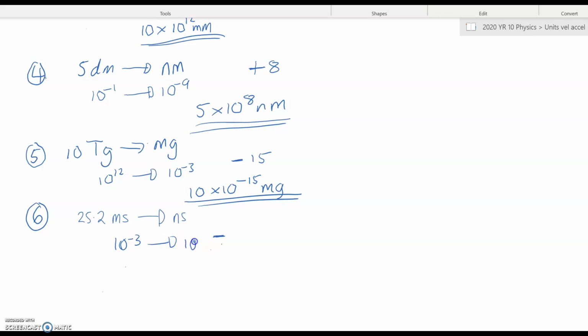Nano, 10 to the minus 9. So we're going to get an exponential difference there of 6. So our power is going to be something to the power 6. So we're going to get 25.2 times 10 to the 6 nanoseconds.